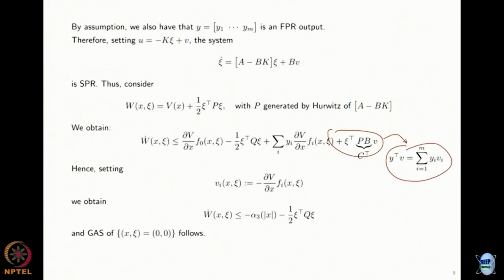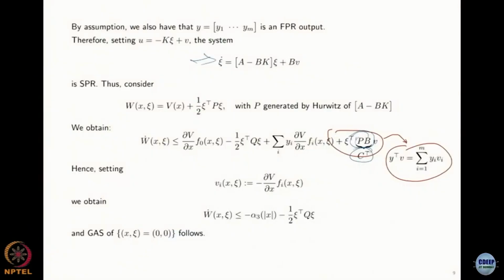What will happen next is that PB, by construction, because your system here is strictly positive real, has this structural property that PB is equal to C, C being exactly the matrix that defines this output here.